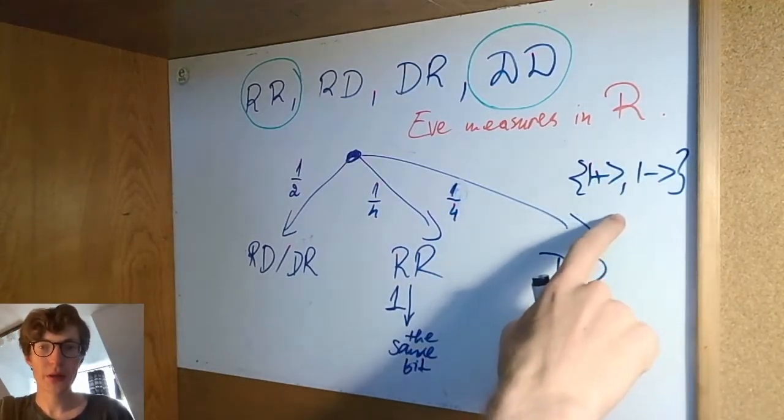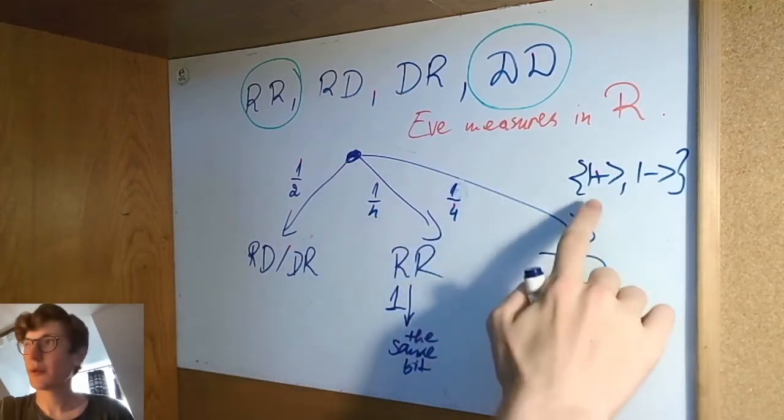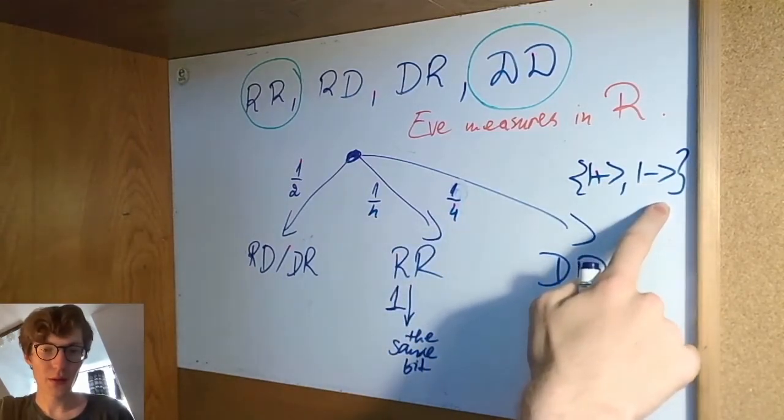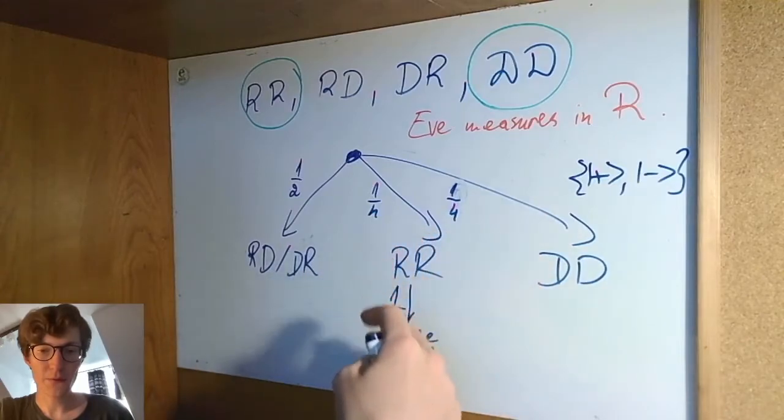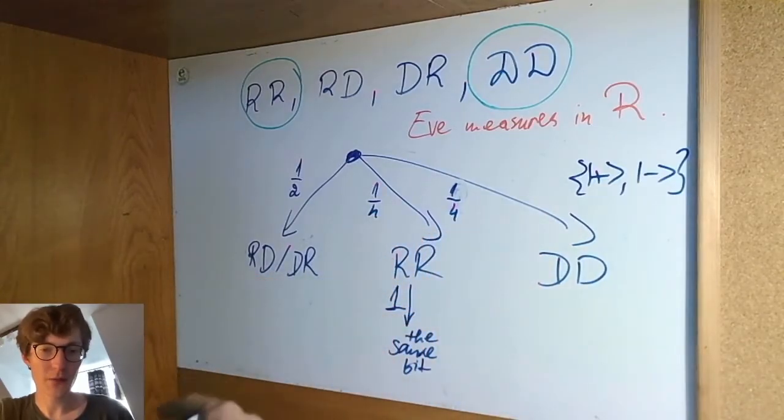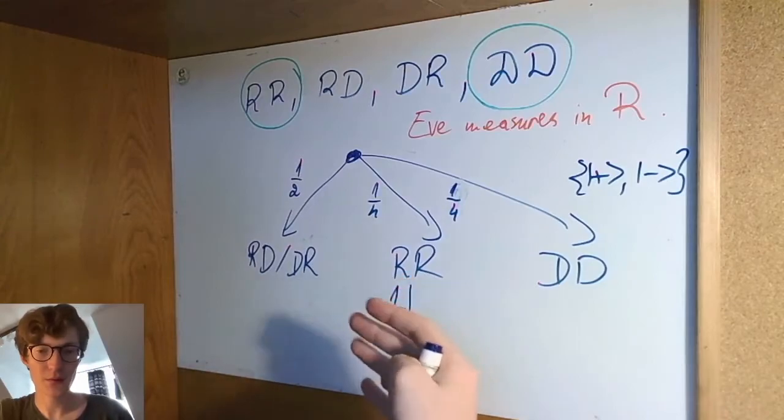He will measure one of them with equal probability, regardless of what Eve collapsed the state to, whether it is 0 or 1.